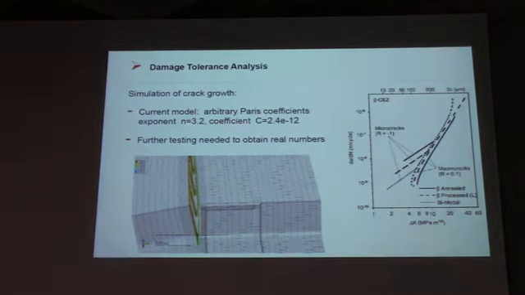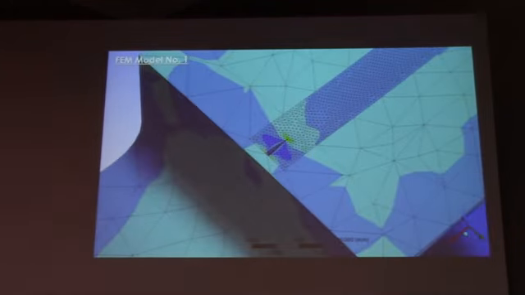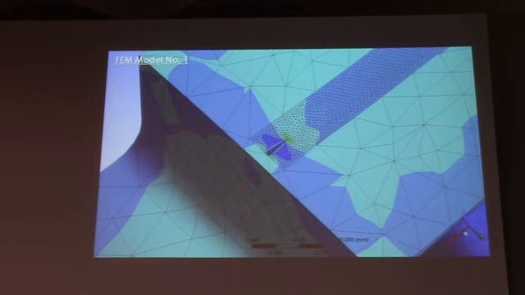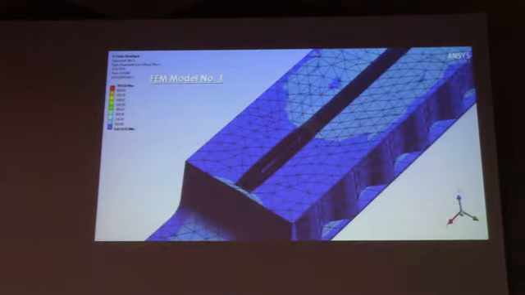Anyhow, for our analysis, we were using certain properties. There is still some controversy about these parameters. They have to be checked. But anyhow, this is how we can get this crack in model number 1, and a few nicely colored figures to get to this one.